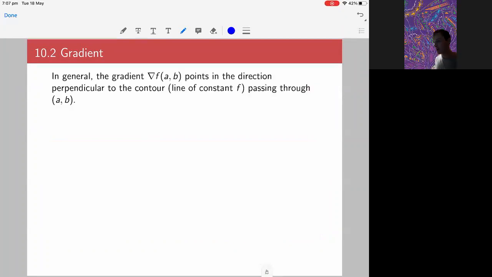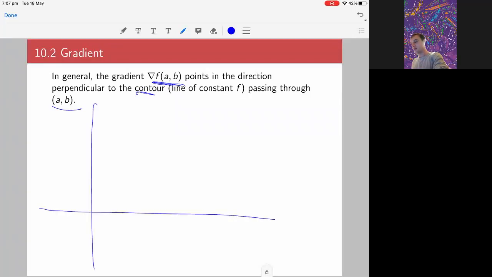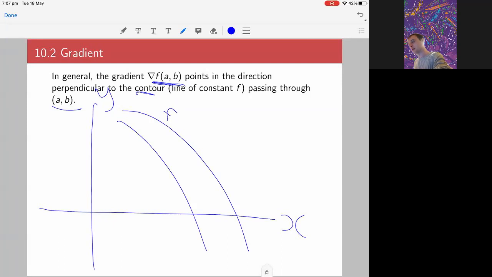It turns out, and this almost follows from the definition of the gradient, that the gradient always points in the direction perpendicular to the contour passing through the point (a, b). Contours are lines where f is constant. For example, we could have f equals 2 along this line, and f equals 1 along this line.